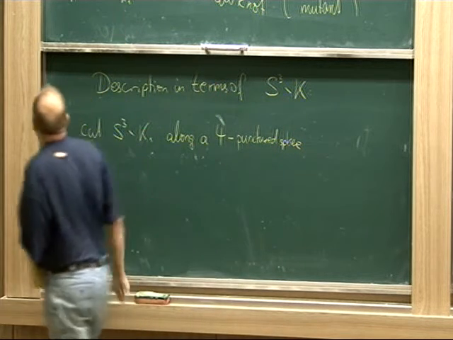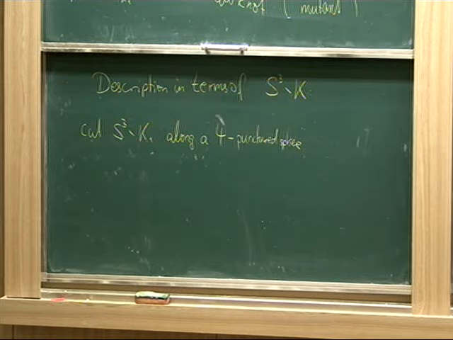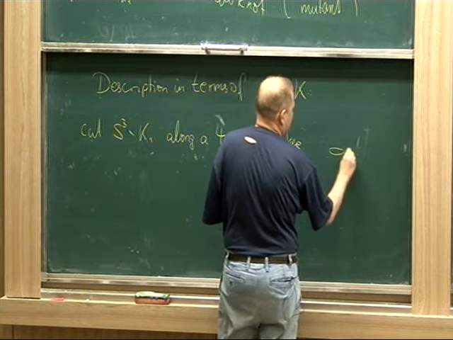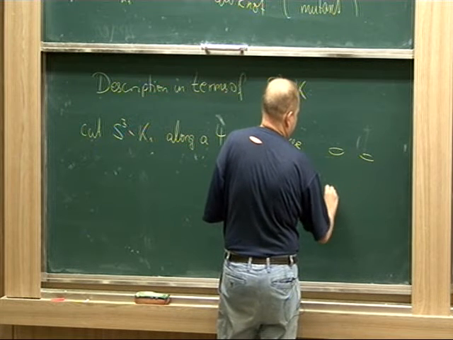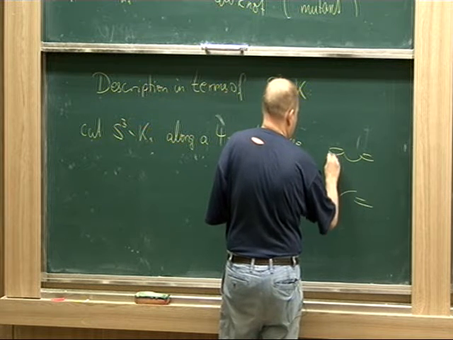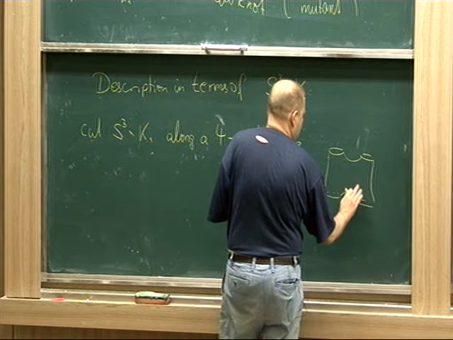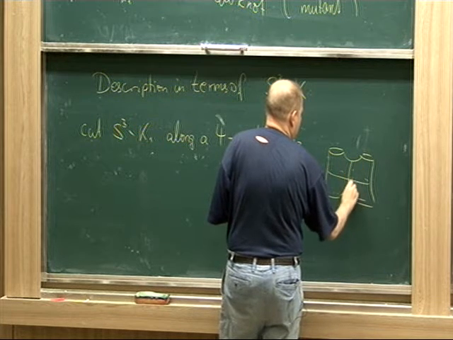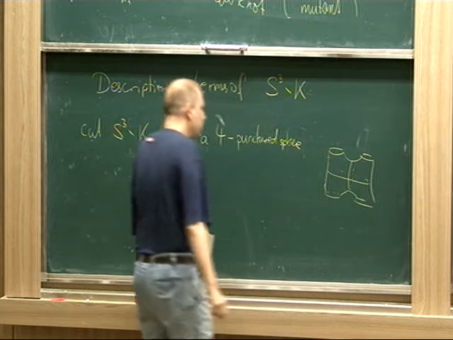So I mean this Conway sphere, which is on the left, intersects the complement in a 4-punctured sphere. So somehow a 4-punctured sphere looks like this.